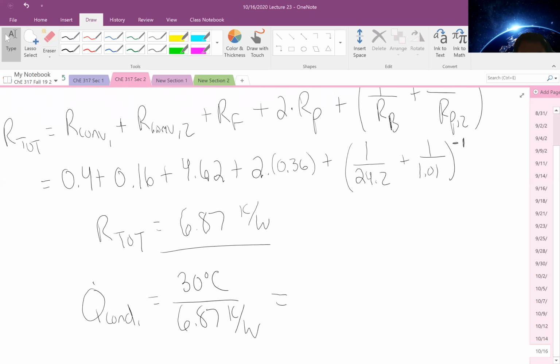I got 4.87 twice, or 6.87. So this gives us a value of approximately 4.37 watts.